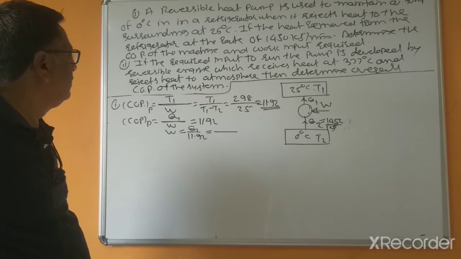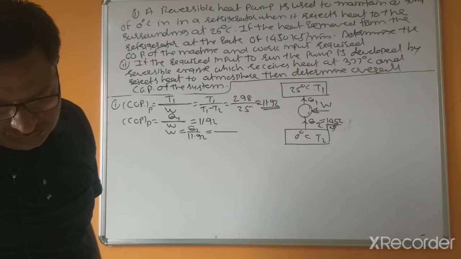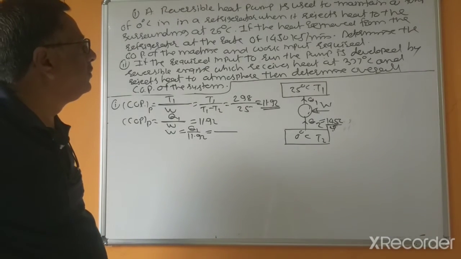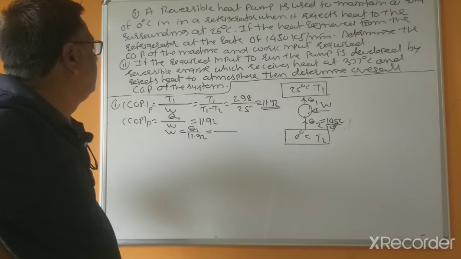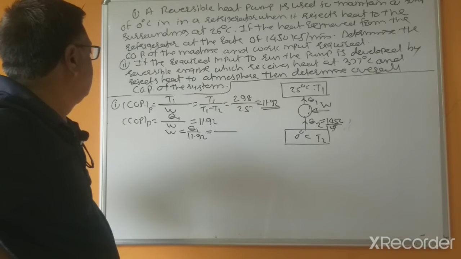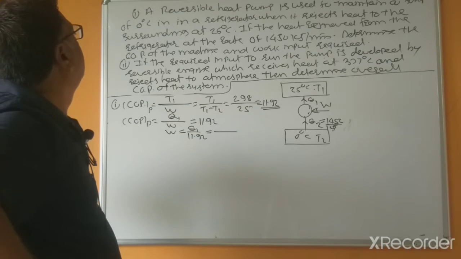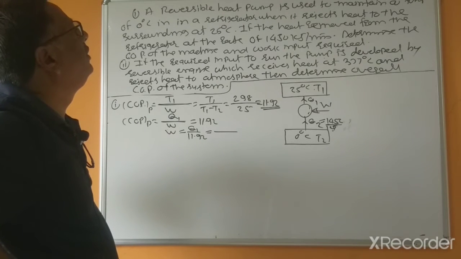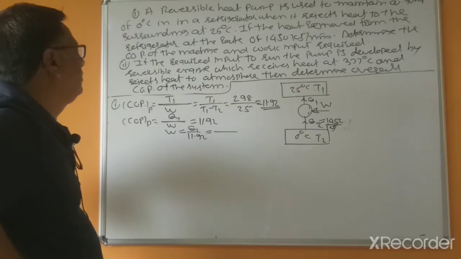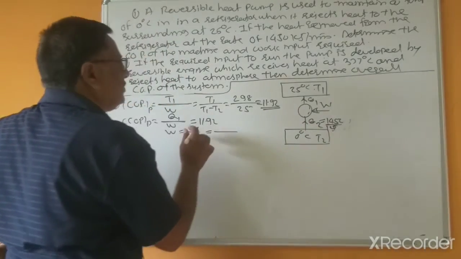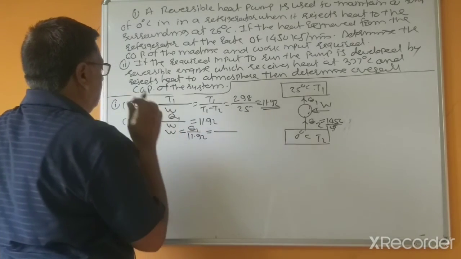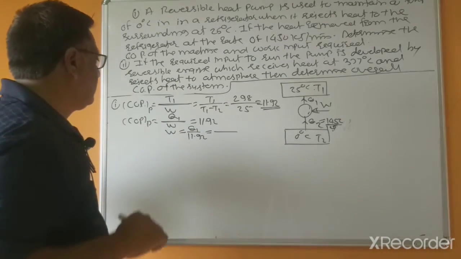Right. Sorry, this is, if the heat removed from the refrigerator at the rate above, sorry, this is Q2, it's not Q1. COP of pump, this is correct.